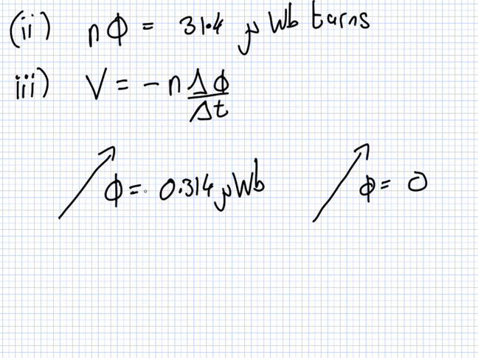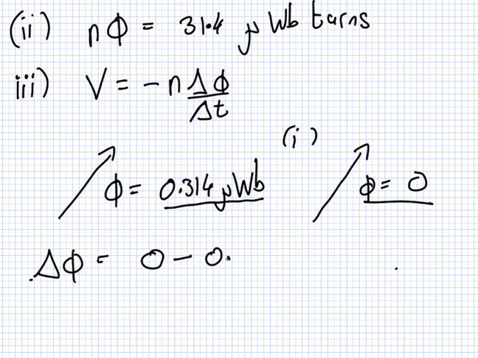Does this make sense? This is what it is at the beginning, part 1. And then I remove it, so this is what it is at the end. So what's the change in the magnetic flux? That would be 0 minus 0.314 microwebers. So the change is minus 0.314 microwebers.